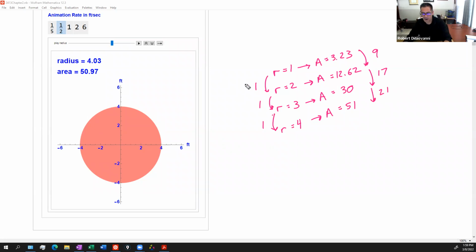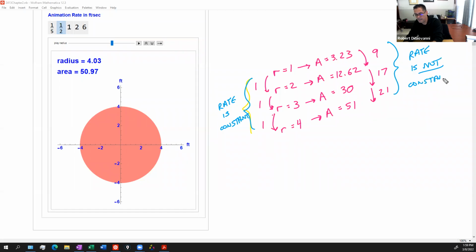This rate on the left-hand side is constant. But this rate is not constant. It's almost like if you were to draw it, here was the circle of radius 1, and we had a certain area.